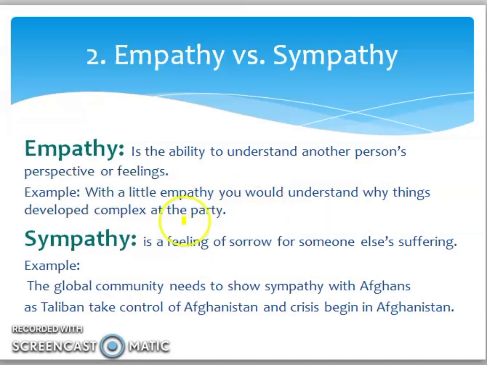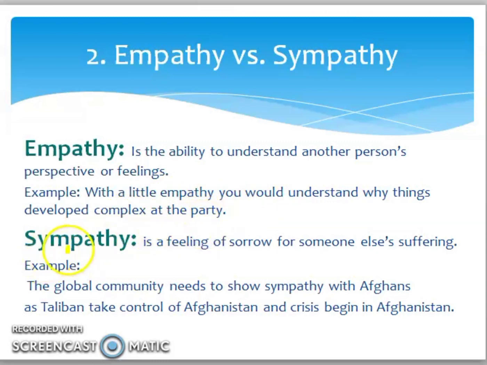In this context, something went wrong at the party, so someone needs to have empathy to understand why things went wrong.